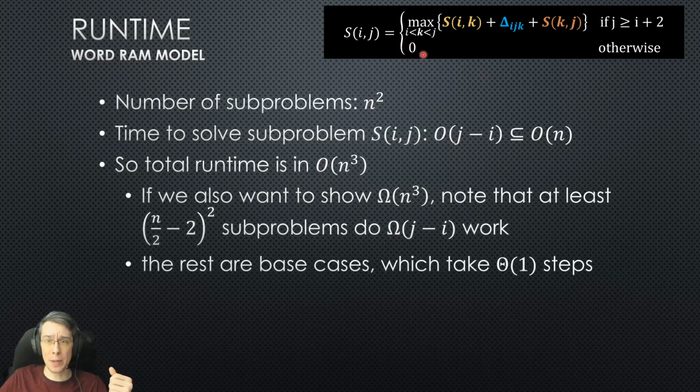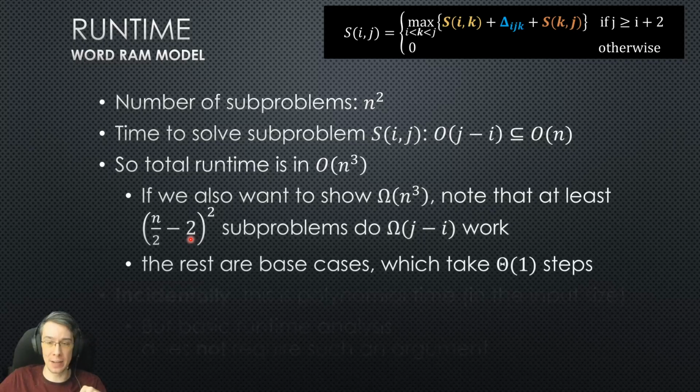So we only do constant work in the base case, so we need to ask the question, how many cells are there that aren't this base case? How many of these cells are there where j is greater than or equal to i plus 2? This is where the 2 is coming from in this formula, right? So take the diagonal, that's the line j equals i, shift it by 2, that's this minus 2, and then square that, and it's order that many subproblems that are in that triangle to the top right.